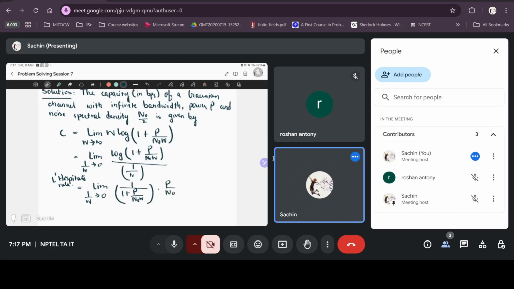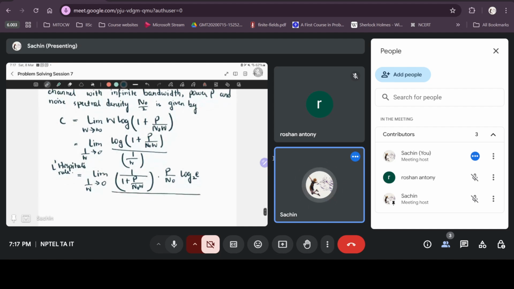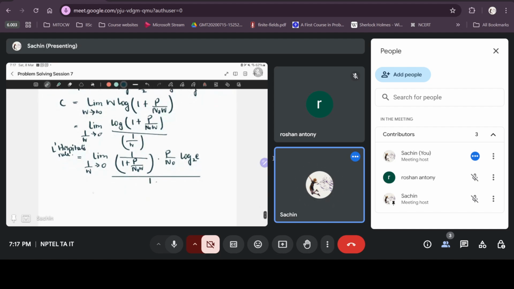Of course, this holds true only for natural logarithm, so you have to convert it by multiplying by log e to the base 2. The denominator will be 1. So as 1 over W tends to 0, this becomes P over N0 log e to the base 2 bits per second.